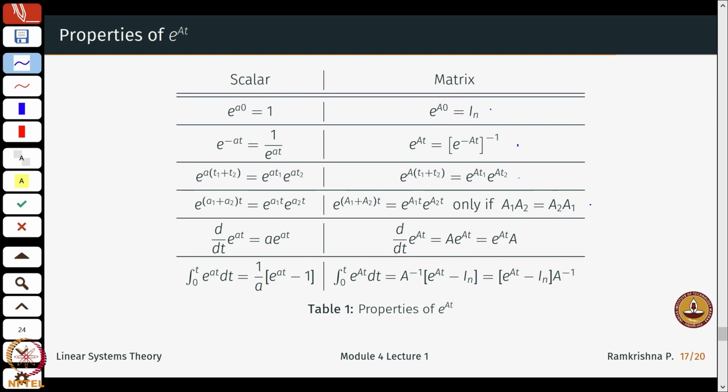I will leave this for you to derive by yourself: e power (A1 plus A2)t is e power A1 t times e power A2 t if and only if the matrices commute, that is A1 times A2 is A2 times A1. And lastly, d by dt of e power At is A times e power At, which is also equal to e power At times A, and there is also the integral version.